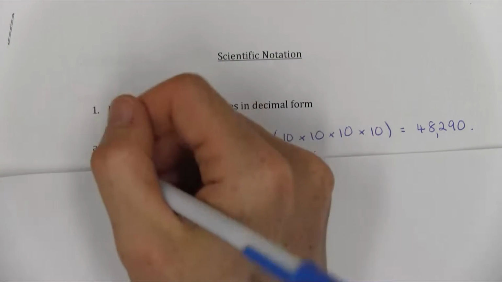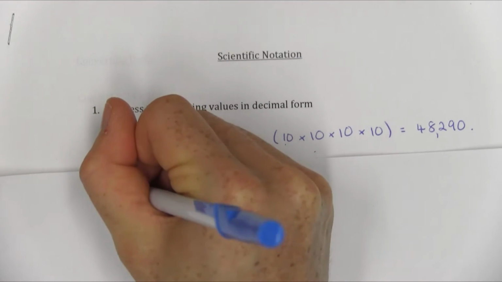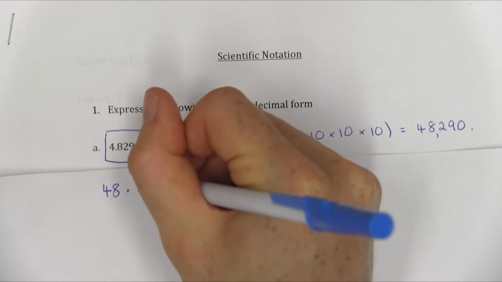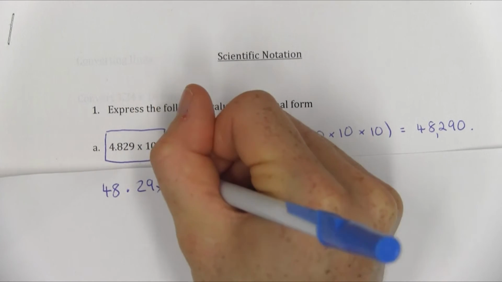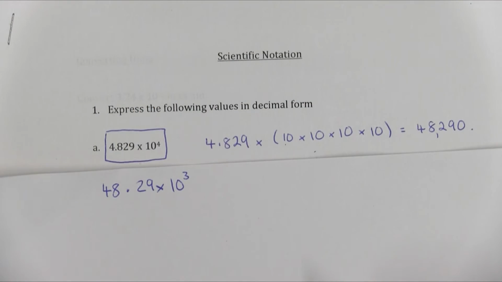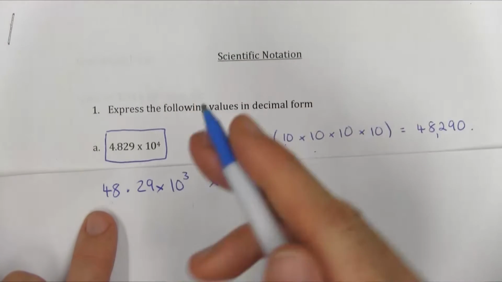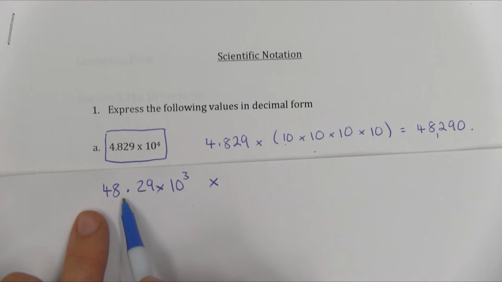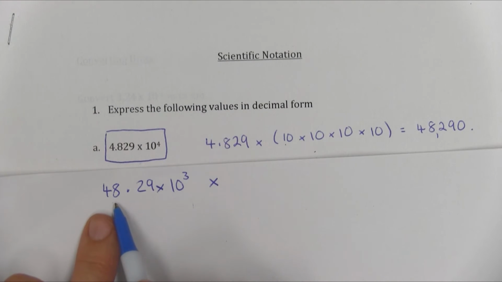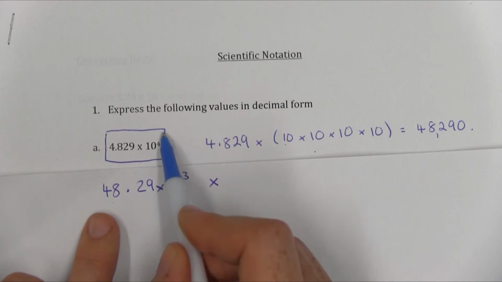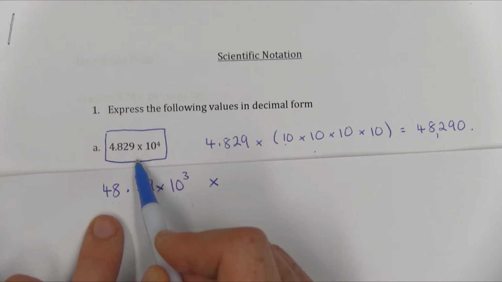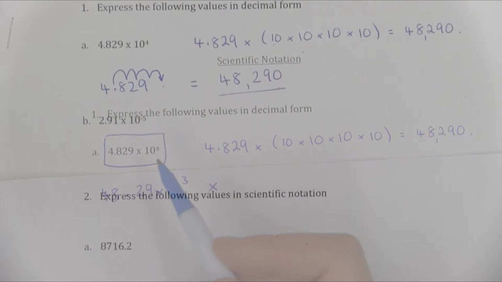So for example, if we had written 48.29 multiplied by 10 to the power of 3, which is the same number, it's just written in a different way, this is actually an incorrect version of the scientific notation. This would be marked wrong because we should only ever have one number in front of the decimal point, and here we've got 2. So this is the only correct form of this number written in scientific notation.